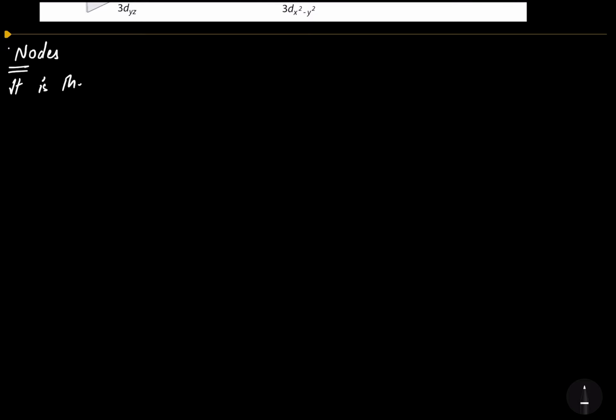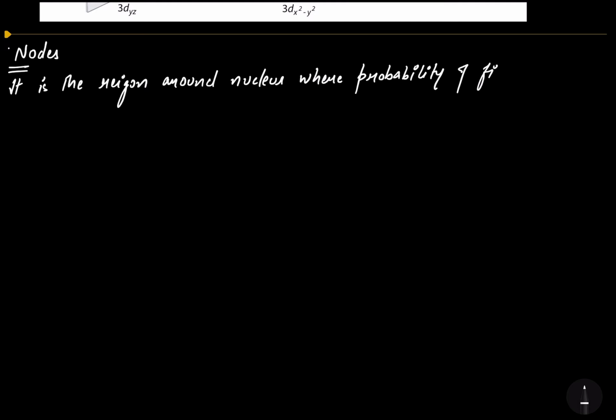It is the region around the nucleus where the probability of finding an electron is 0.